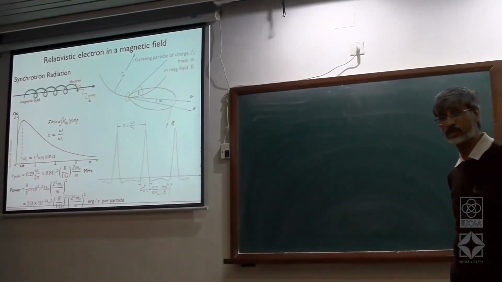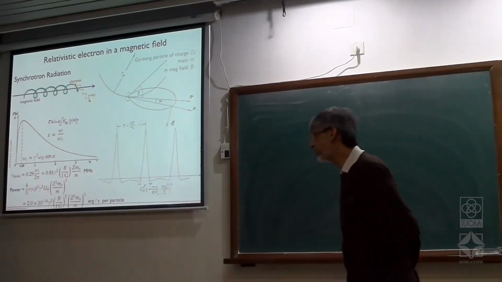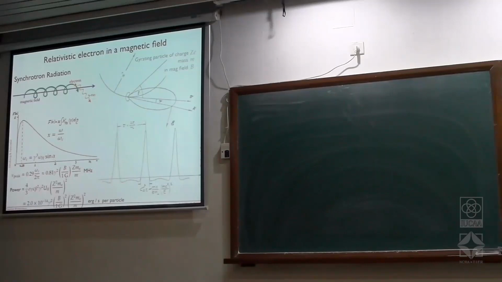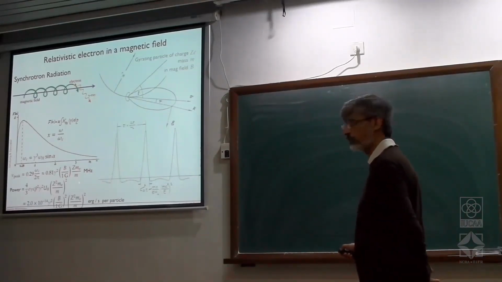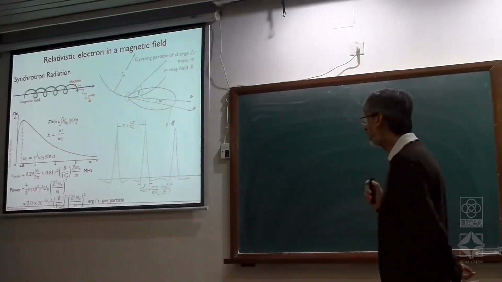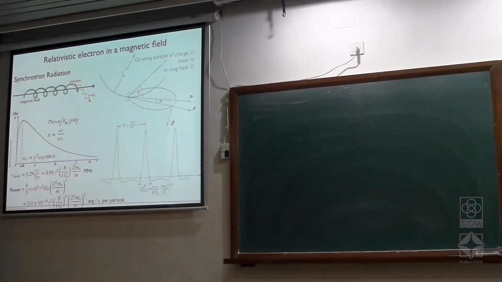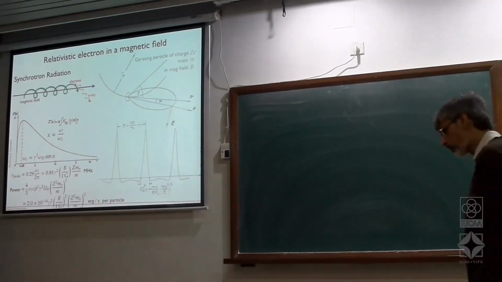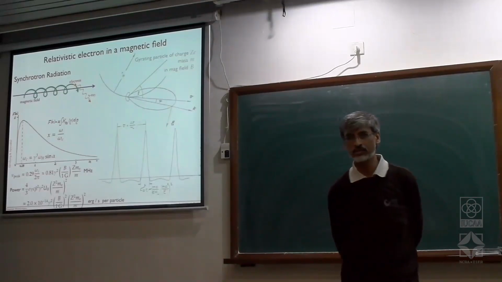If you write it numerically, it is about 0.81 times gamma squared megahertz for 1 Gauss of magnetic field and electron. So an electron in a 1 Gauss magnetic field has a synchrotron peak frequency of 0.8 gamma squared megahertz.